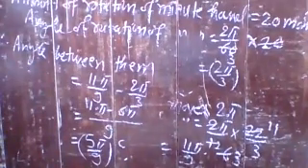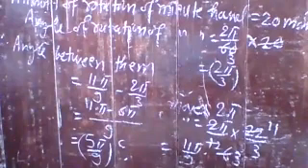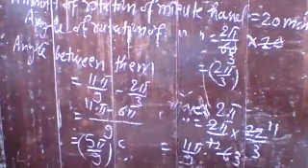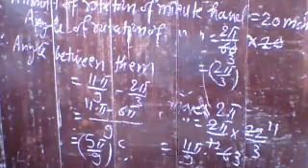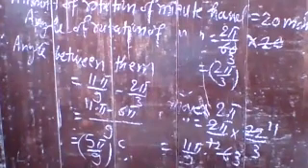And 5 pi by 9 is what? 100 degree. In that case, the angle between the hour hand and minute hand is 100 degree. So you can find that result in degree also, and the final result is to be expressed in the form of radian. As you wish, you have to express your answer.